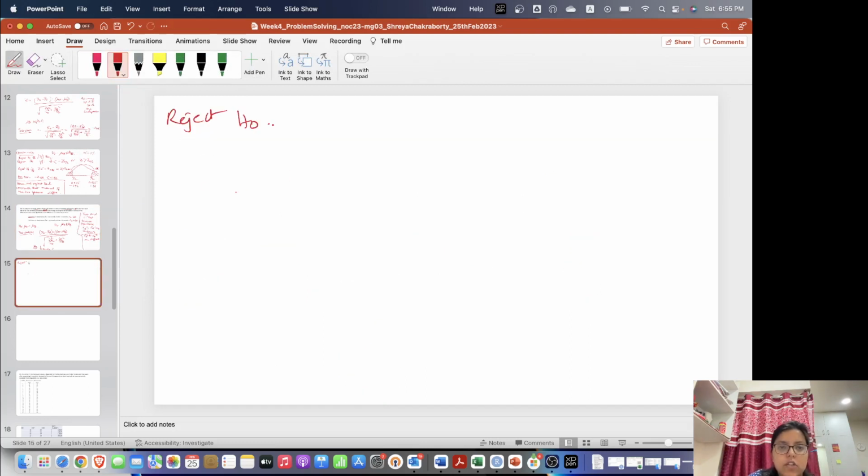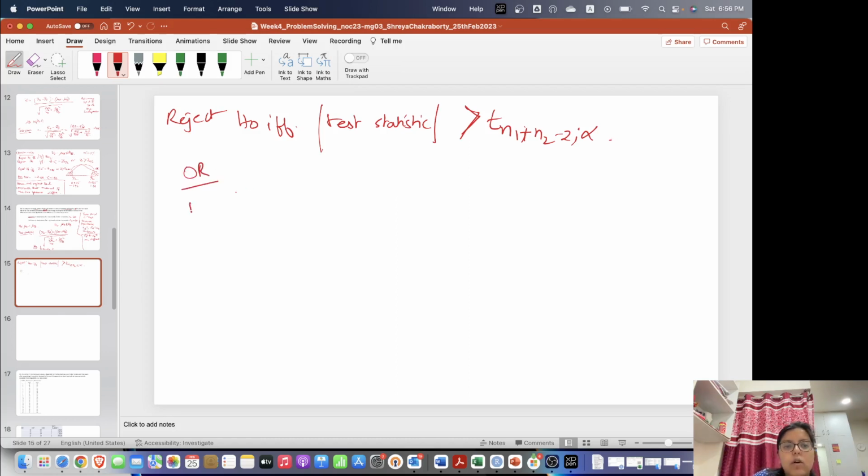We'll reject H0 if and only if the modulus of the test statistic value is greater than t with N1 plus N2 minus 2 degrees of freedom at alpha.